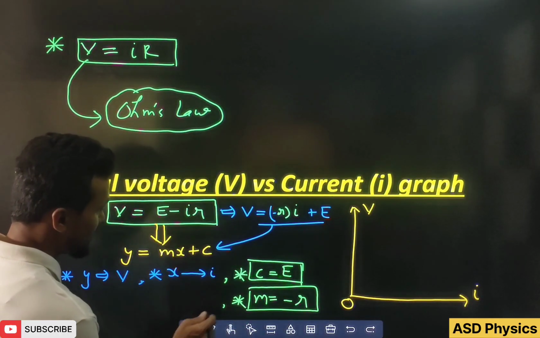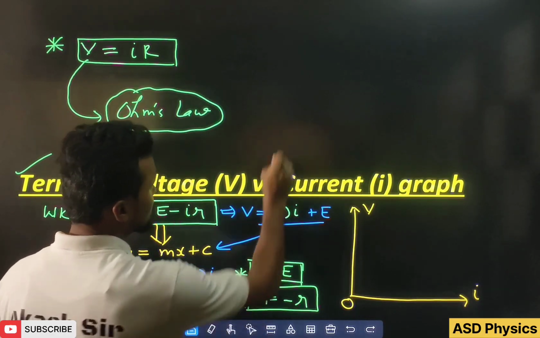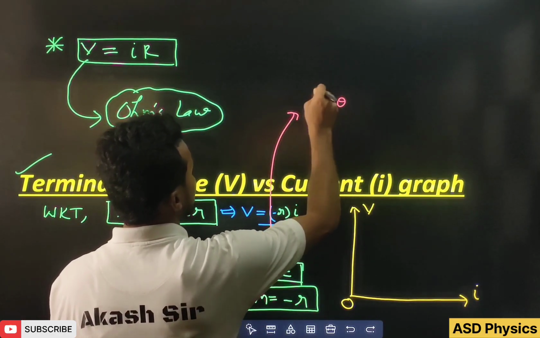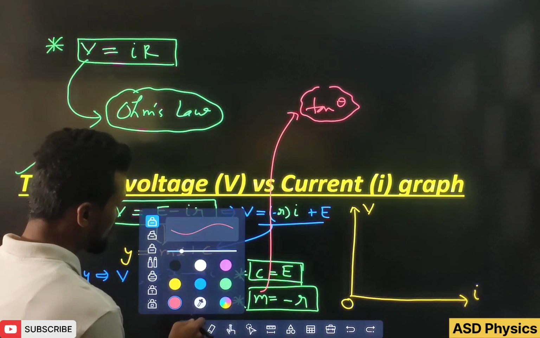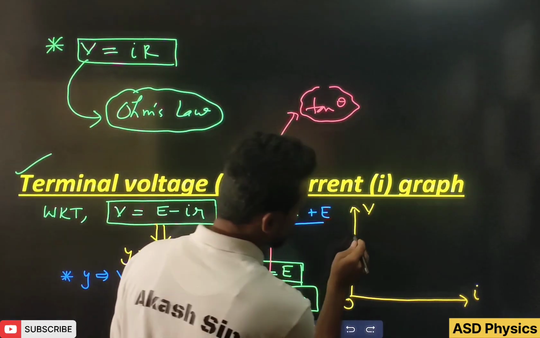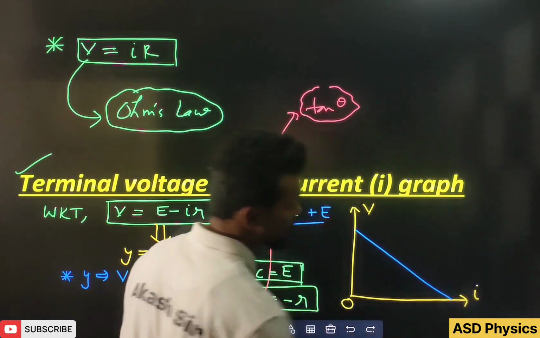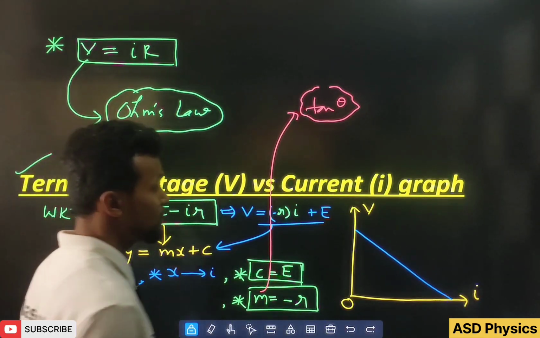When the slope is negative, remember that slope means tan theta. That means which kind of angle? Always an obtuse angle. So based upon that, if I draw the graph, it will come something like this. This is the graph during the discharging. Remember that very well.